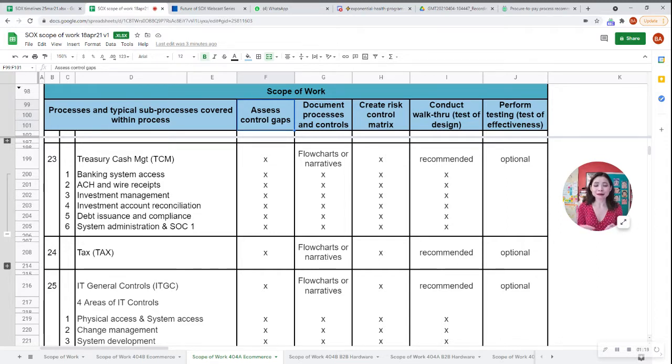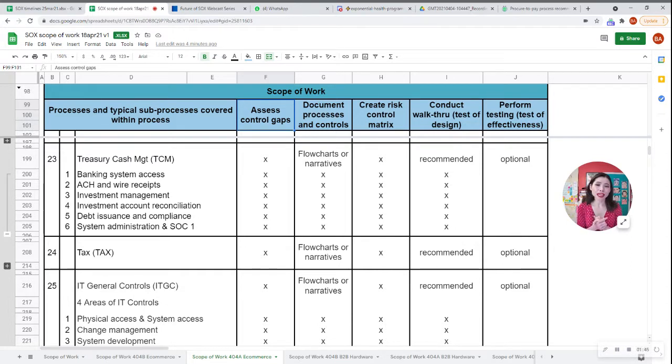The reason is that the PCAOB has been asking the external auditors, when they get audited, how do you understand a process from beginning to end? It's not required. The SEC does not require that. The PCAOB does not require it. It's just a form that makes it easier to understand or visualize segregation of duties.